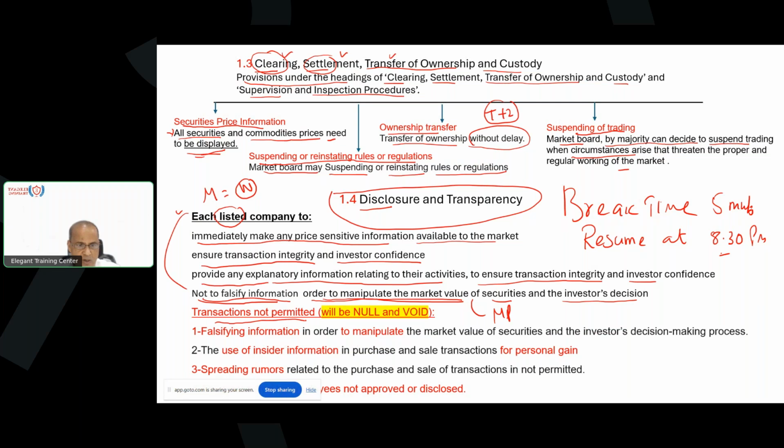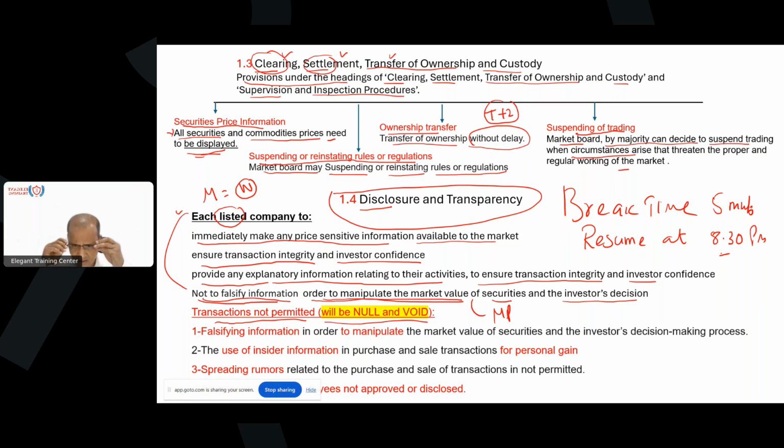Transactions not permitted will be null and void. This null and void appears in many places in the whole course, and I will give you a summary at one place. Are both the same, null and void? Or different? Sometimes only null and sometimes null and void. They are different.